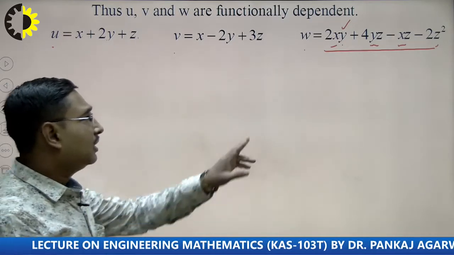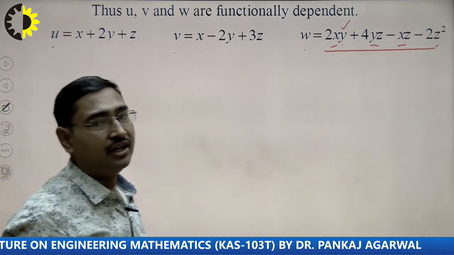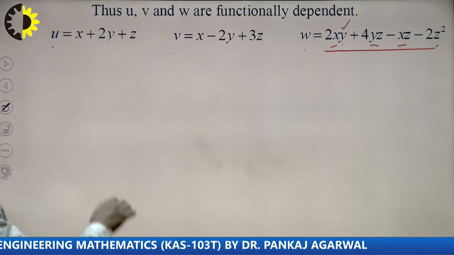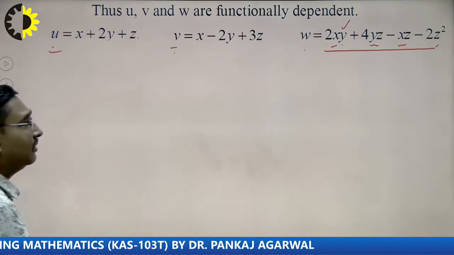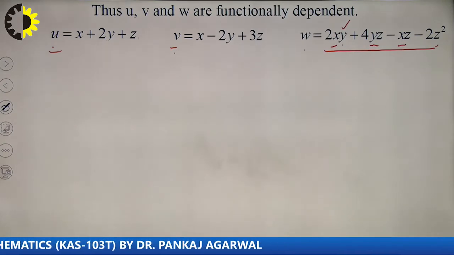So each term in w is of degree 2, but in u and v each term is of degree 1.